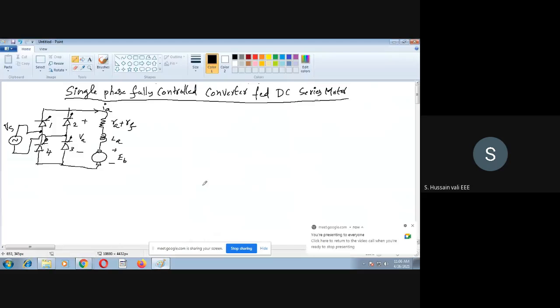Once again, there are two types of conduction: continuous conduction and discontinuous conduction. First, we will go for the continuous conduction mode.